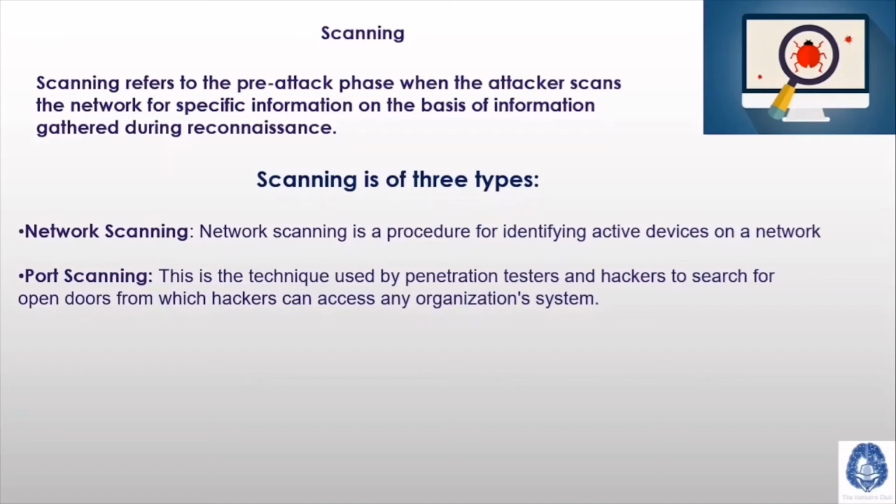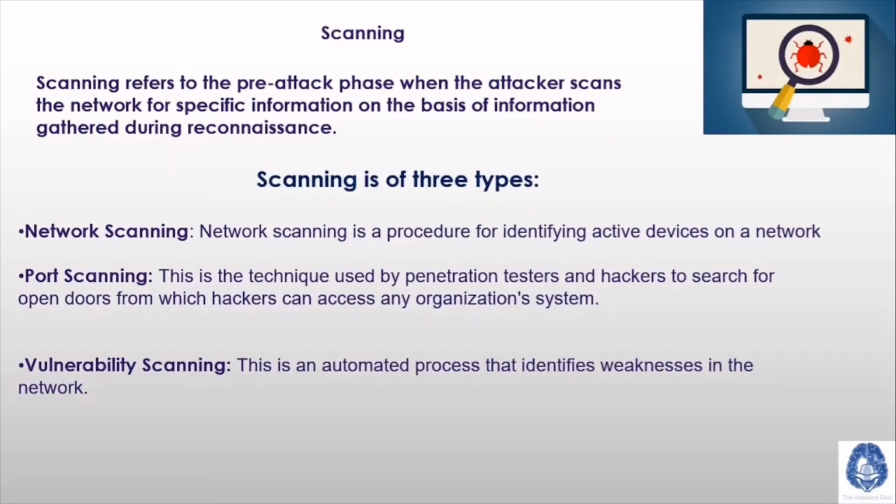The second one is port scanning. This is a technique used by penetration testers and hackers to search for open doors from which hackers can access any organization's system. During this scan, ethical hackers need to find out the live hosts, firewalls installed, operating system used, different devices attached to the system, and the targeted organization's topology.